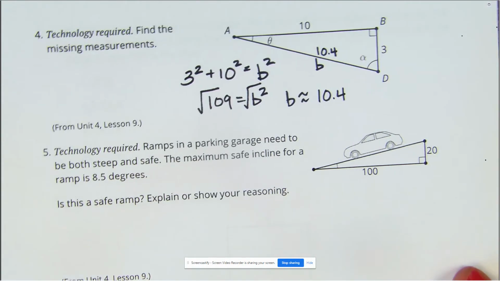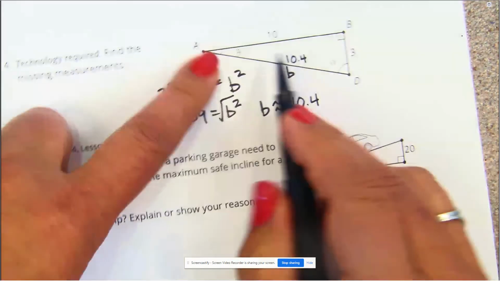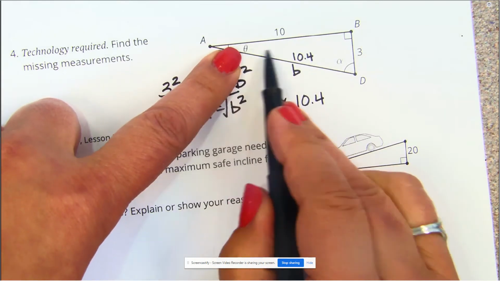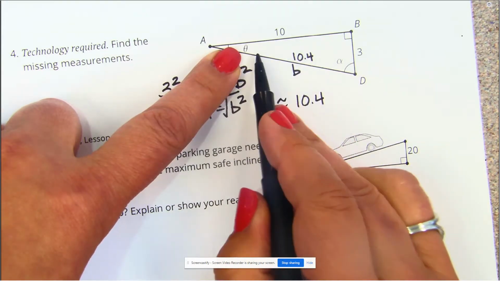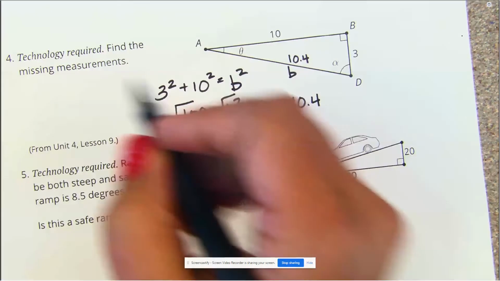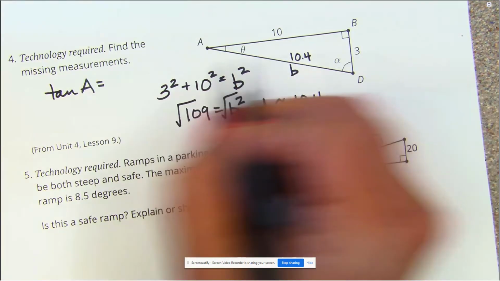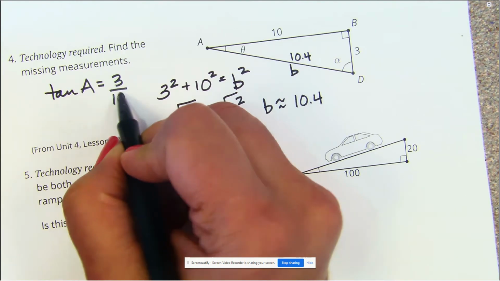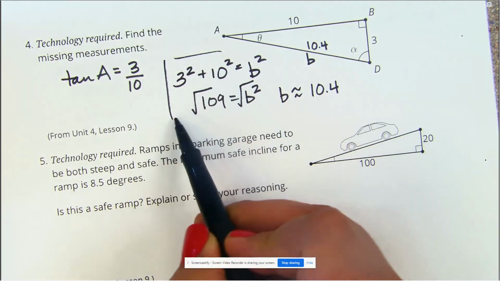Now to find the angles, I'm not going to use that side I just found. I'm going to use 3 and 10. So for this angle, angle A, I'm going to use opposite 3 and adjacent 10. So opposite and adjacent is tangent. So the tangent of A is opposite over adjacent. This time I have to undo, right? I'm going backwards.